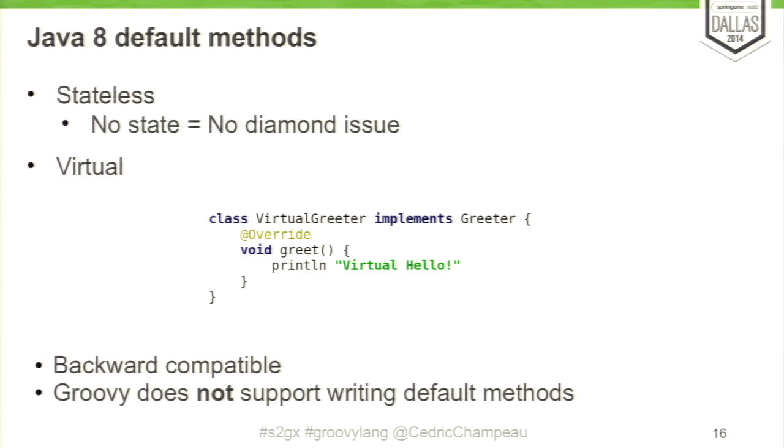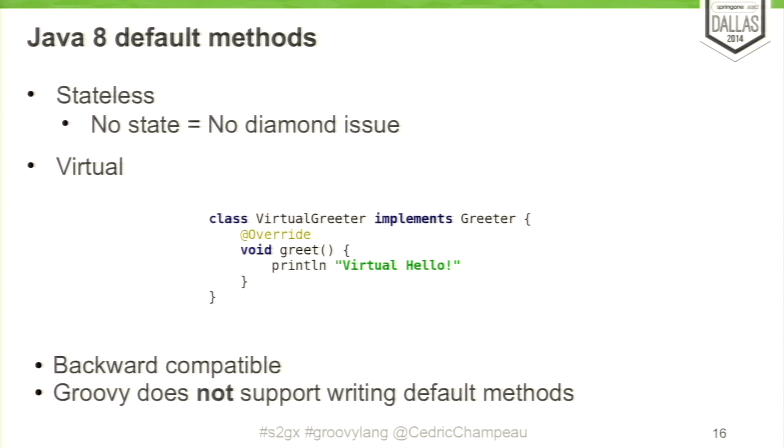So the default methods in Java 8 are actually stateless. And if you have ever heard about the infamous diamond issue, if you don't have state, you don't have the problem. Okay? It's not a problem to have multiple interfaces defining the same method because you don't have implementations.